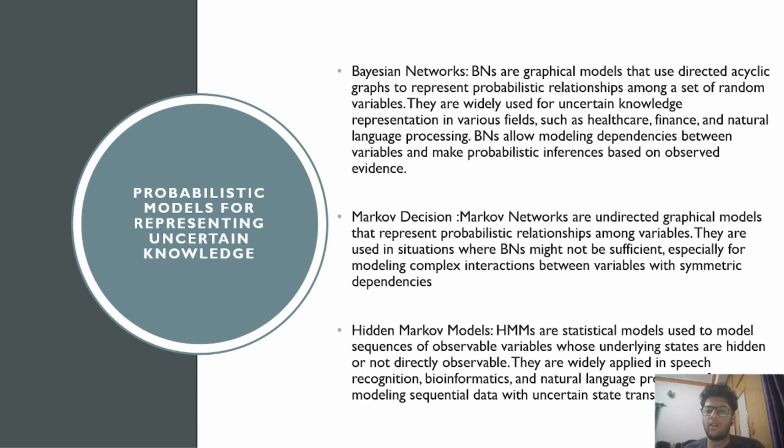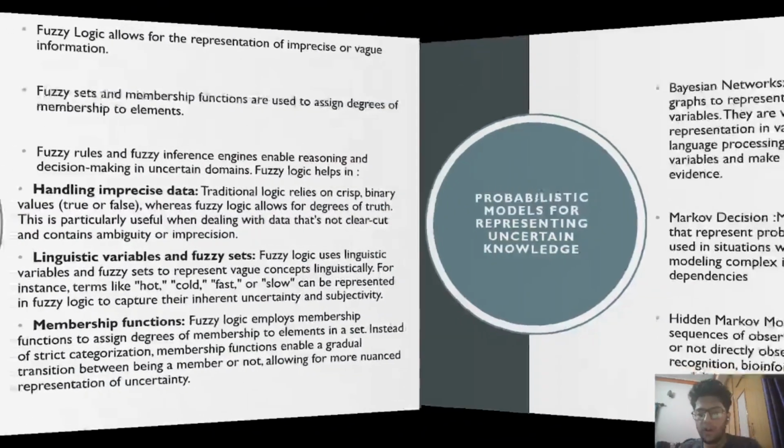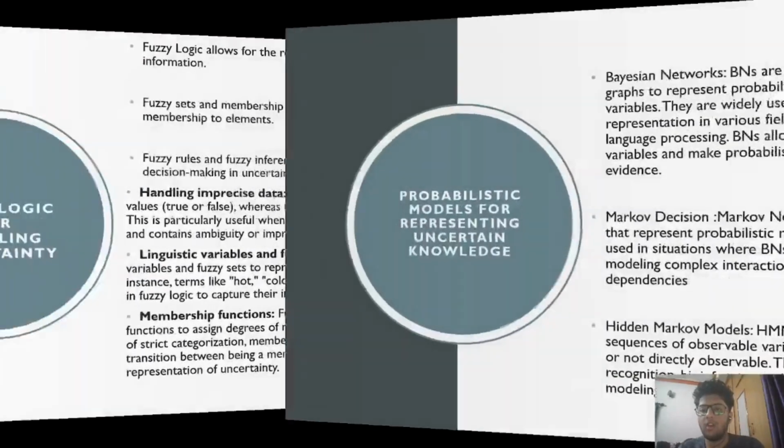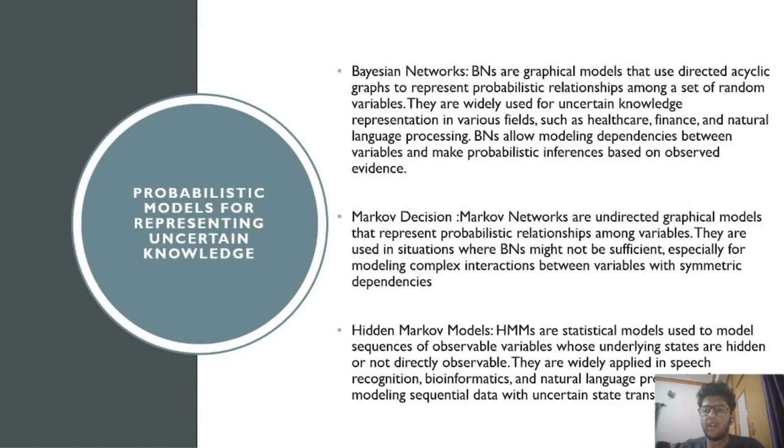BNs allow modeling dependencies between variables and make probabilistic inferences based on observed evidence. So they have certain variable dependencies that make it easier for the probabilistic inferences in Bayesian networks, which can be observed as evidence.